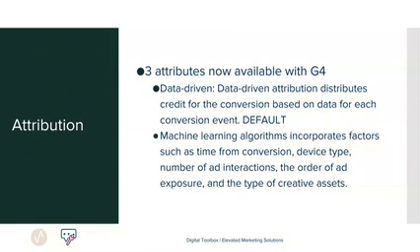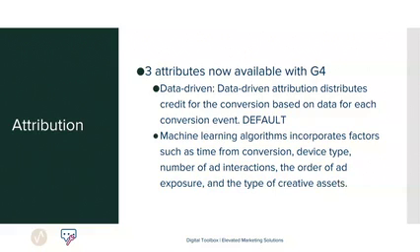Another really big change that has come with G4: before, with Universal Analytics, all the credit for any conversions that happened was given on a last click attribution, meaning the very last thing that you did gets 100% of the credit. Google has really gone out and changed this to where now the default is data driven. So it's going to distribute credit for the conversion based on the data for each individual conversion event, and that is the default.